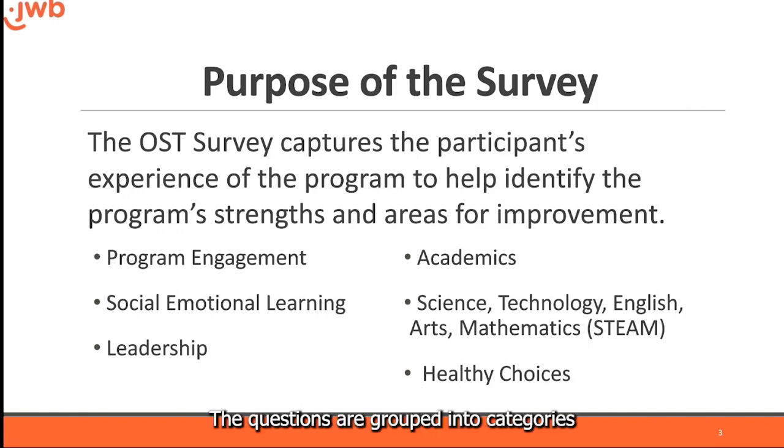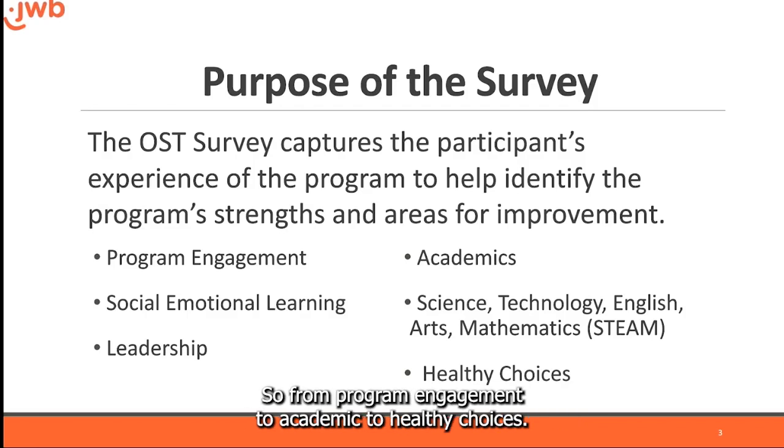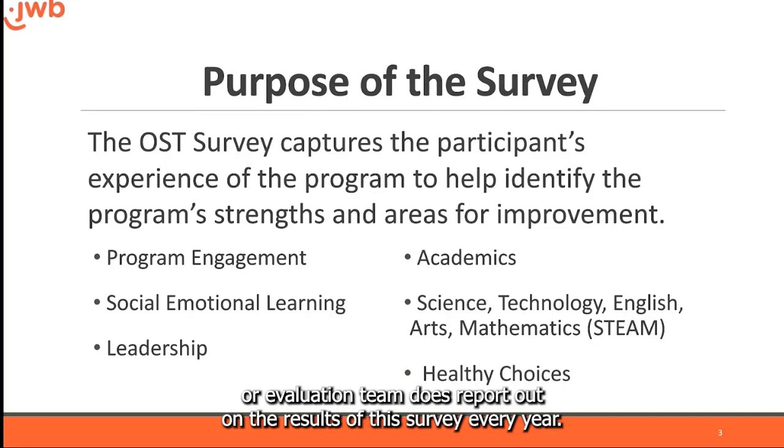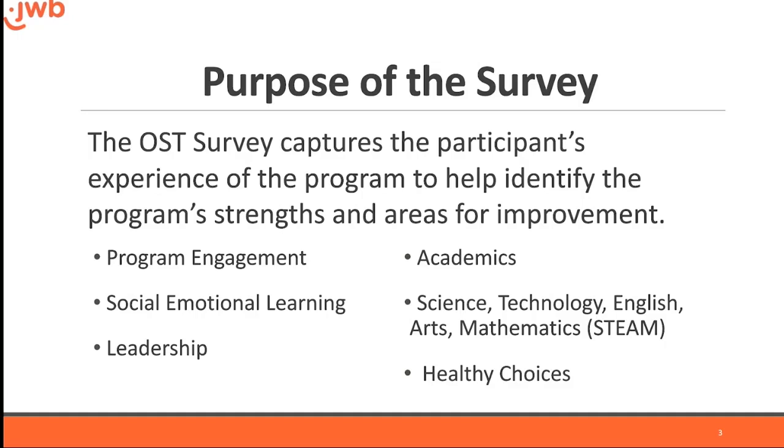The questions are grouped into categories and they cover these 6 areas listed on this slide, from program engagement to academics to healthy choices. Our evaluation team does report out on the results of this survey every year, so it is important for us to understand that the results are accurate.